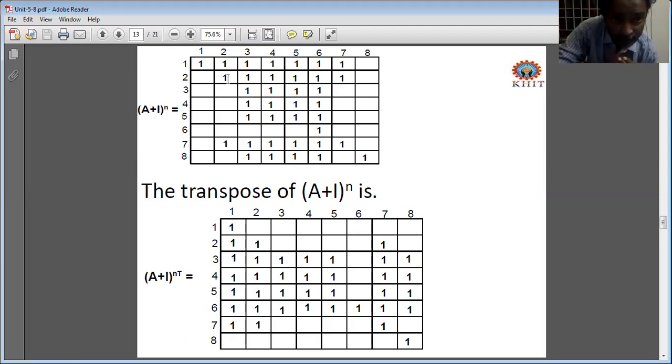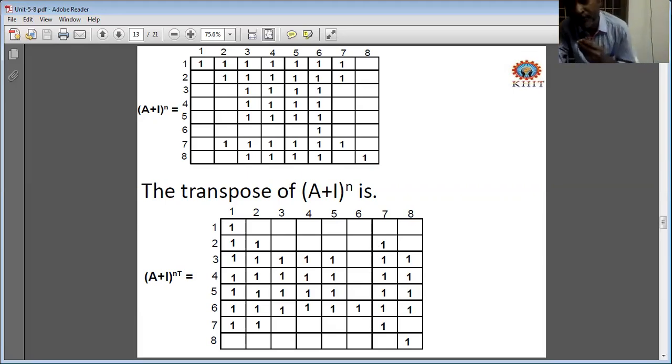Then the second row 2, 3, 4, 5, 6, 7 you mark vertically. Then the horizontal 3, 4, 5, 6 you mark vertically. Then 4, 5, 6 as 3, 4, 5, 6 vertically. Then 6 to 6, and from 2 to 7 you mark vertically. From 8 to 8 you mark vertically.